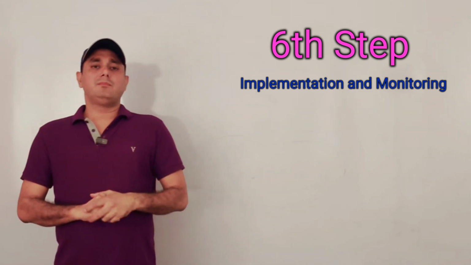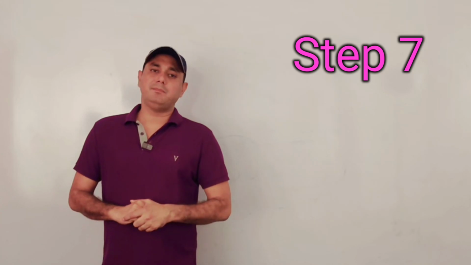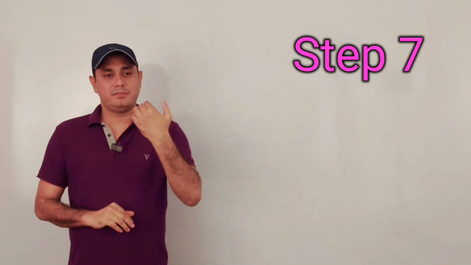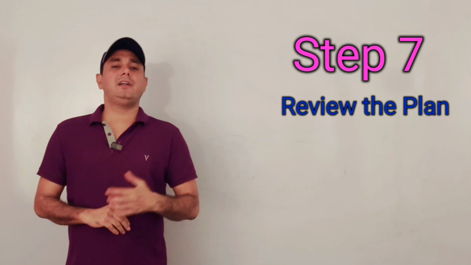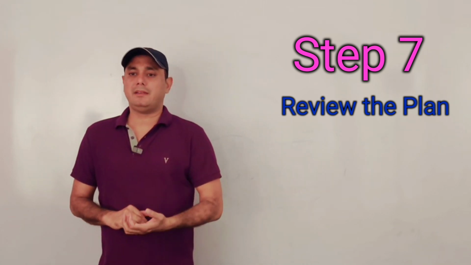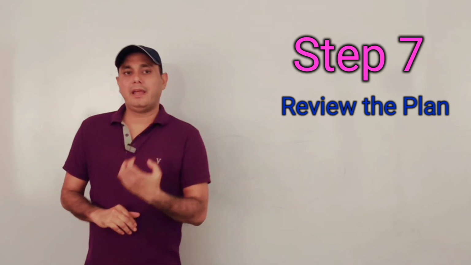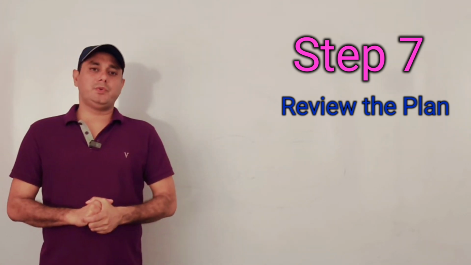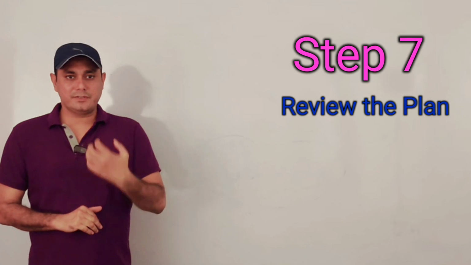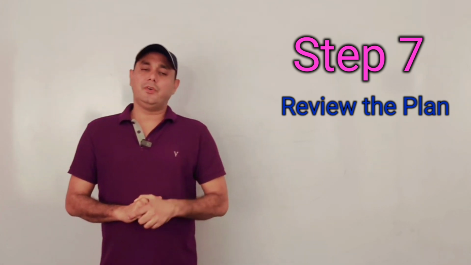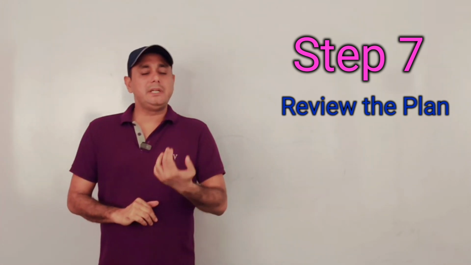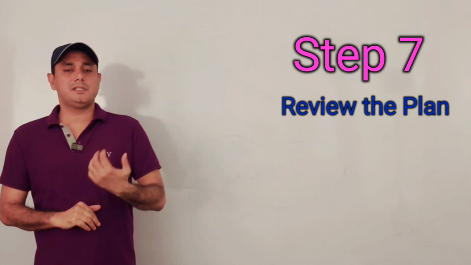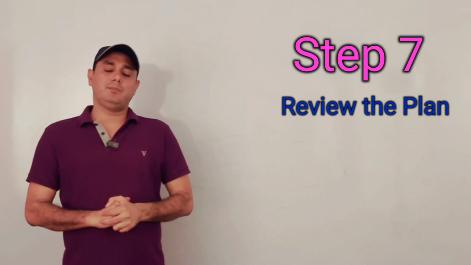After implementing and monitoring, at the end of the plan period, if you plan for 7 years, 5 years, or 3 years, at the end of the plan you need to review the plan. Whether the plan achieved the desired result or not, you need to review it. If your plan was effective, then you need to repeat the plan, or if any improvement is required, then you need to improve it.